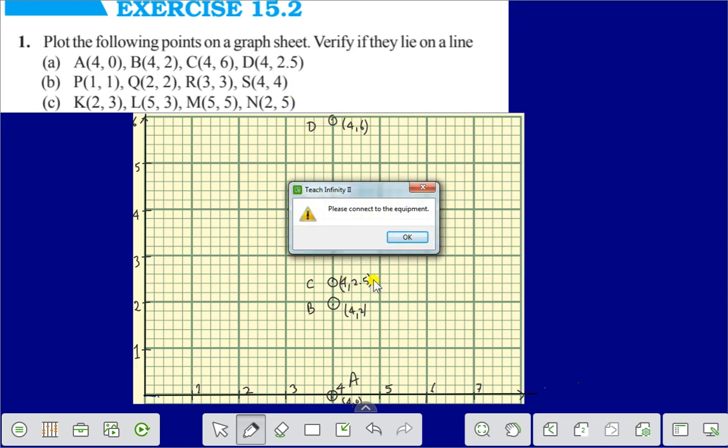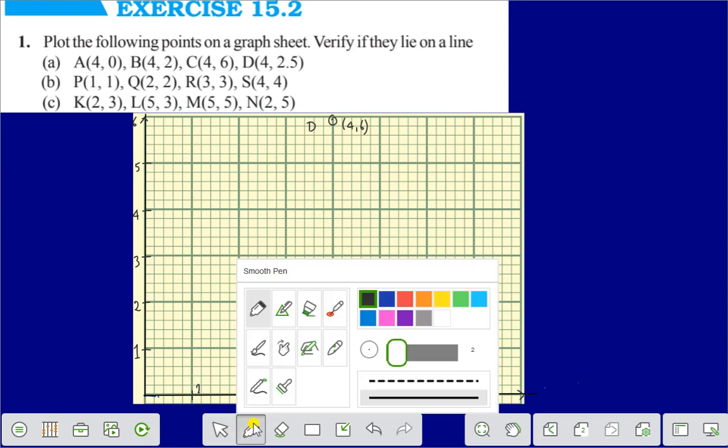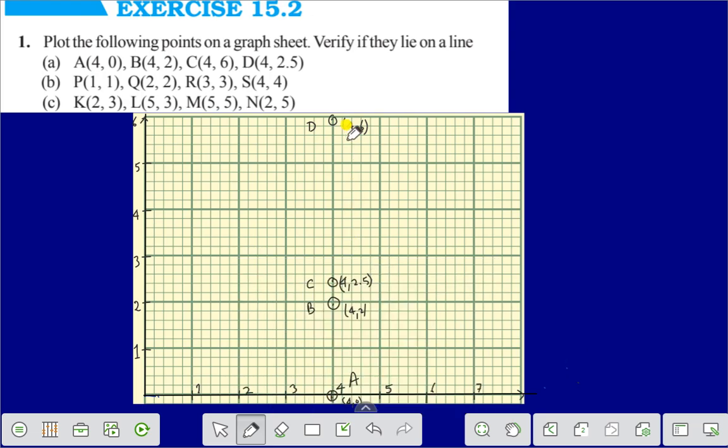Right? If we draw a line here, then we are getting a linear graph. If you draw this line with the help of blue color, then we are getting a straight line, and it is parallel to the y-axis.